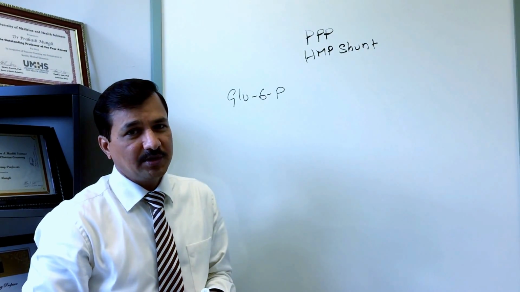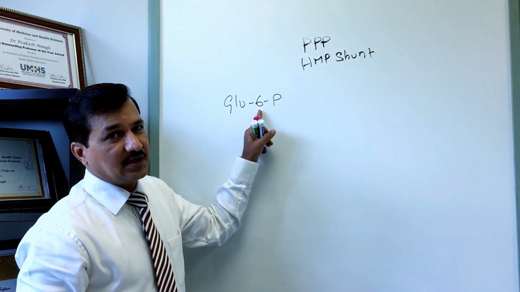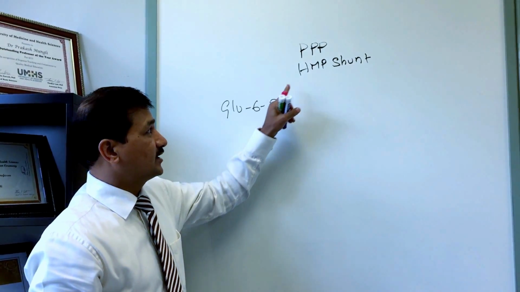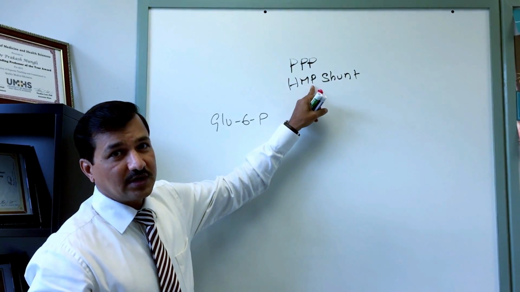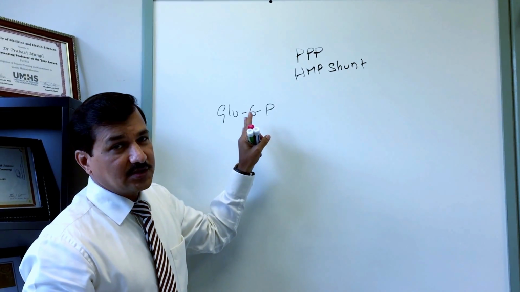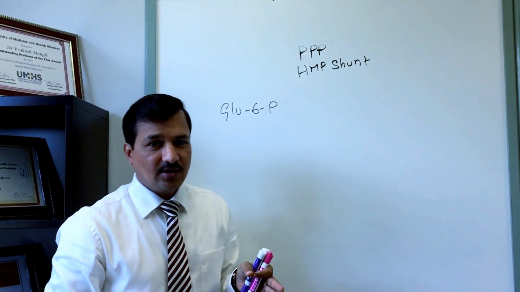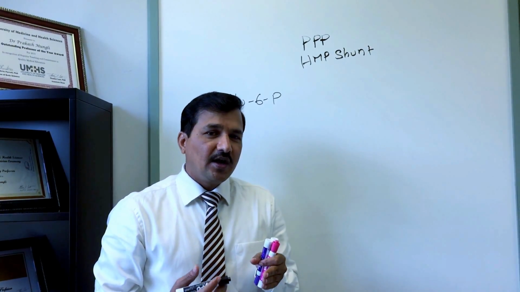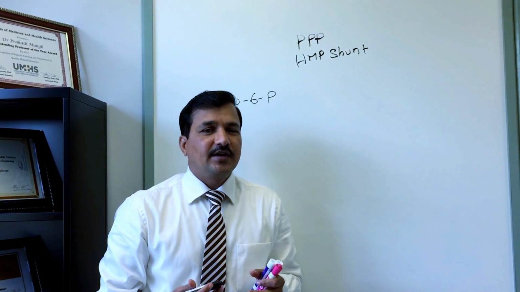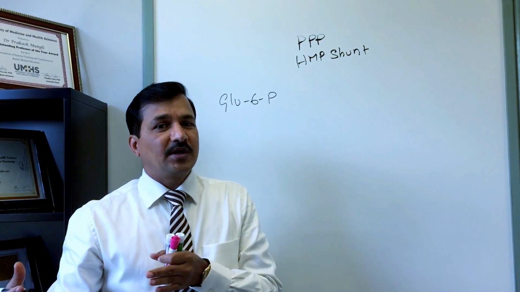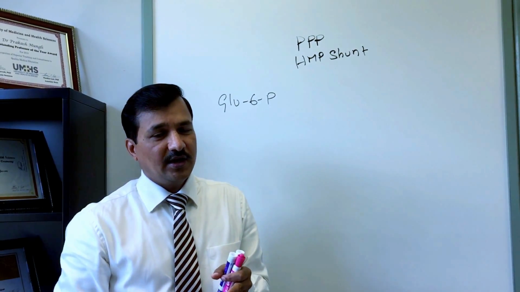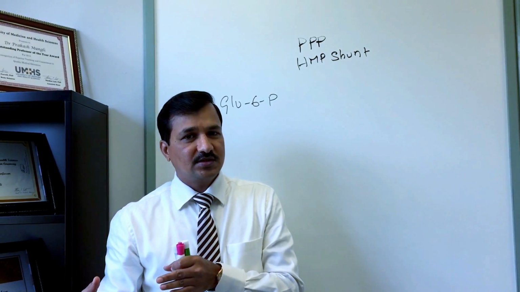It has 6 carbons and one phosphate at the 6th carbon. That's why it is called hexose monophosphate and shunt. Shunt means glucose 6-phosphate is a glycolytic intermediate, and this glycolytic intermediate is now shunted into some other pathway. That is why this is called the hexose monophosphate shunt.